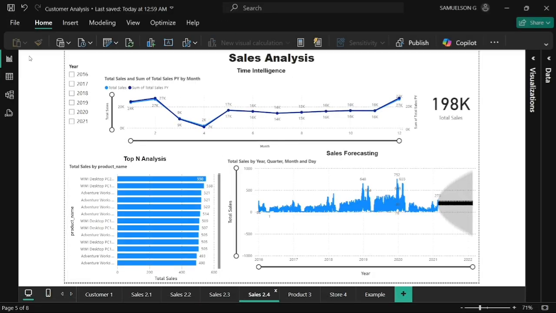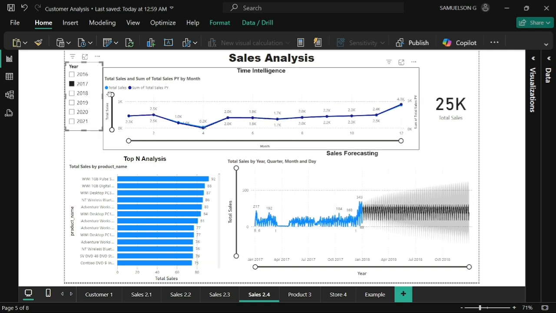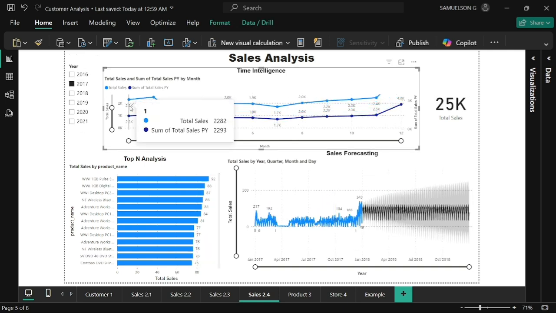Let's see, if we consider 2017, you can see a slight variance in sum of total sales. You can see, right? Sum of total sales PY 2093, total sales 2282. You can see previous year it's higher, but now it's lower, like that.